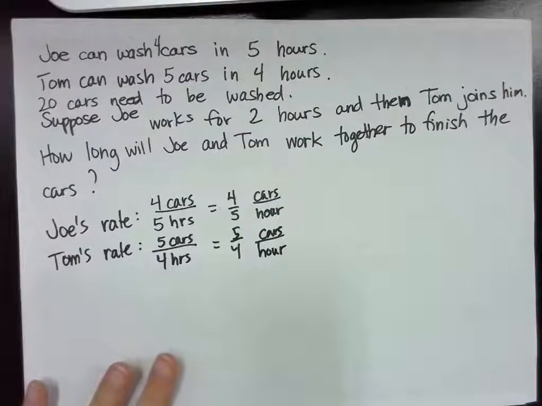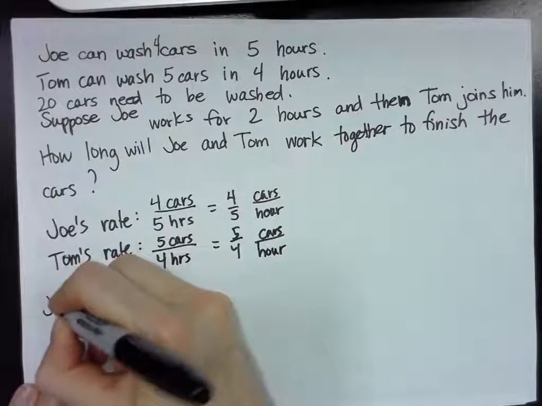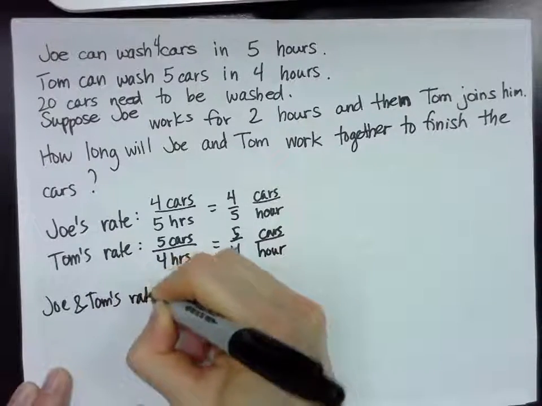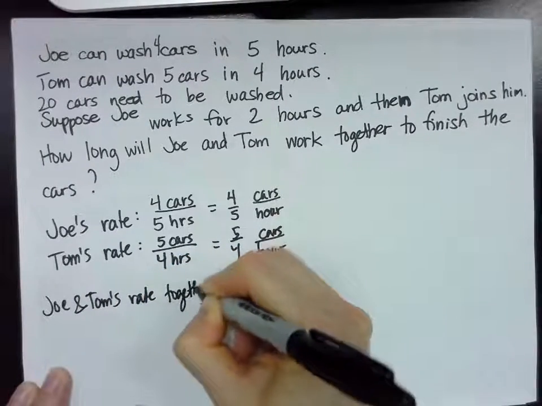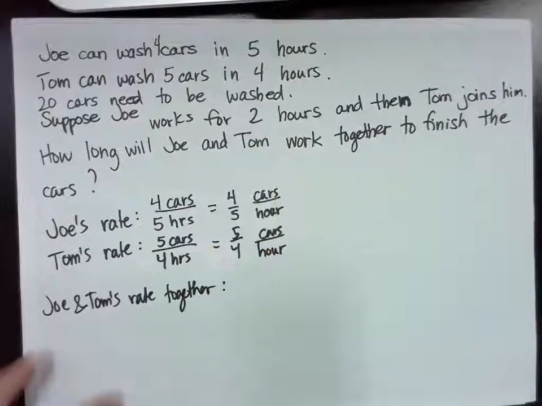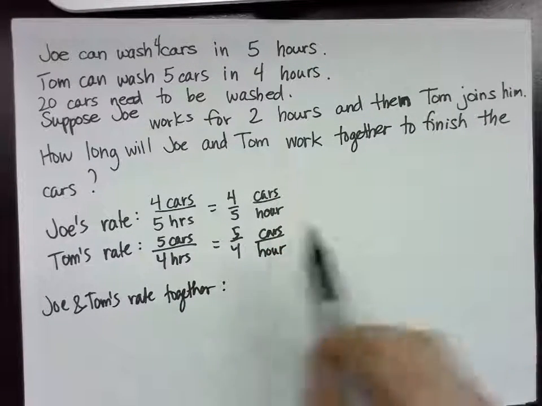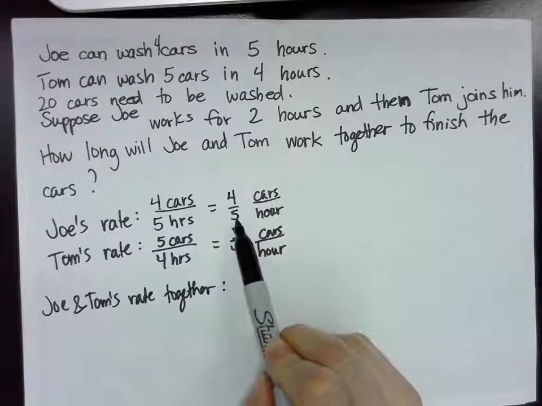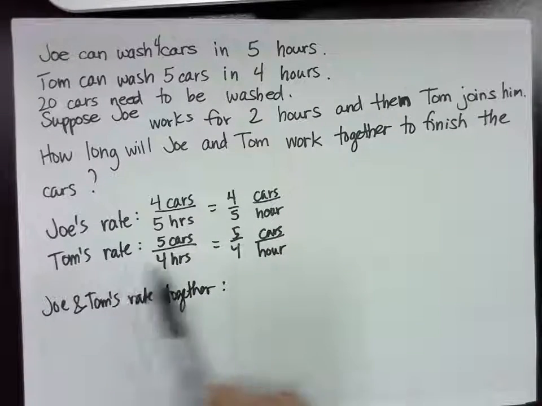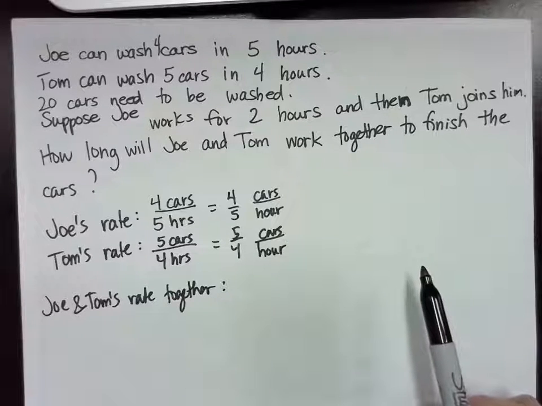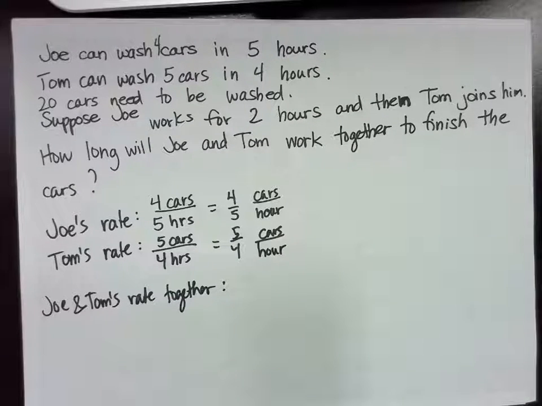Okay, and the last thing we have is their rate together. So Joe and Tom's rate together. In these problems, we are going to assume that Joe will continue working at the same rate of 4/5 cars per hour, and Tom will continue working at his rate of 5/4 cars per hour, and that their interaction doesn't change anything.